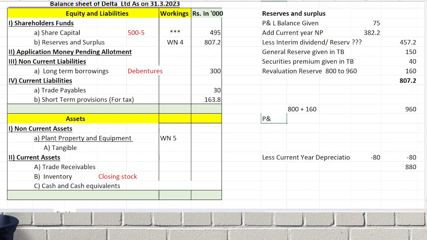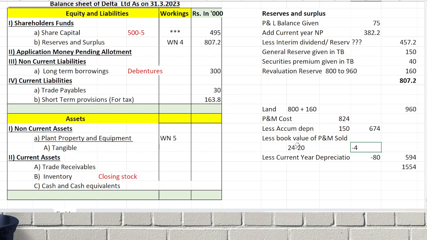What was the plant and machinery original cost? 824 less accumulated depreciation, how much? 150. 824 minus 150. Then less book value of plant and machinery sold. What is the book value of the machinery sold? 24 minus 20, which is 4. This way also you can do. Profit or loss is already recorded in the P&L account. So it will be 1550 tangible assets.